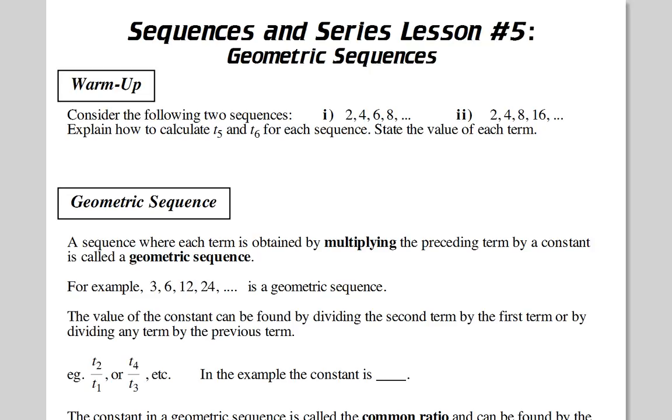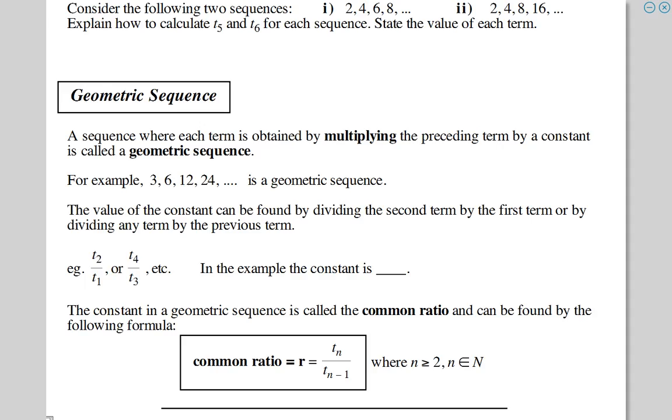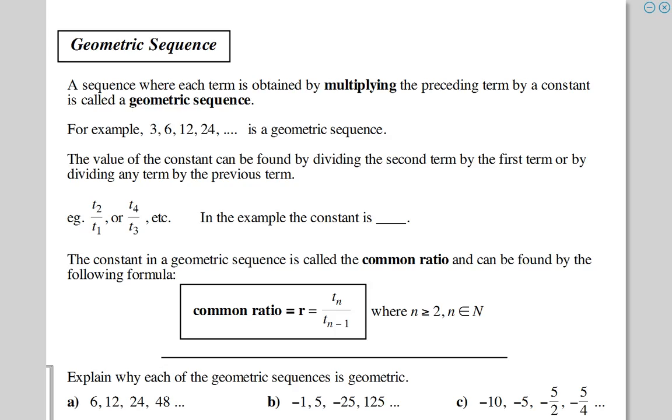Okay, so a sequence where each term is obtained by multiplying the preceding term by a constant is called a geometric sequence. For example, 3, 6, 12, 24 is a geometric sequence. How are we getting to the next term? We are timesing by 2. Good. So the value of the constant can be found by dividing the second term by the first, or by dividing any term by the previous, and these are some examples of that.